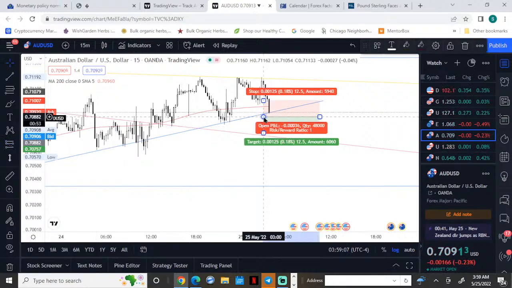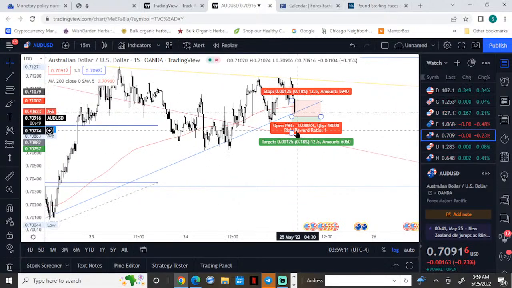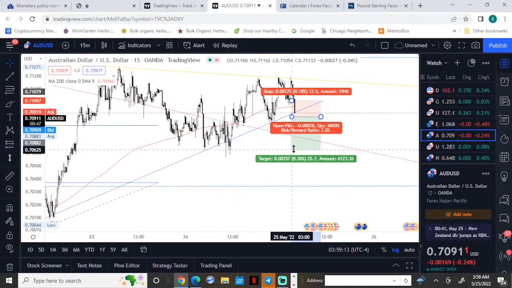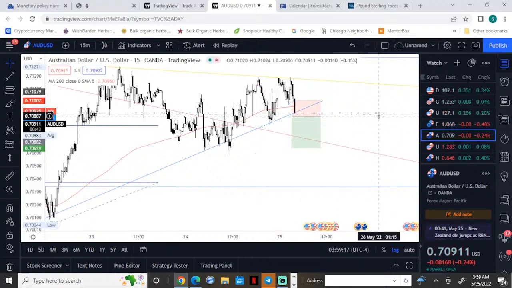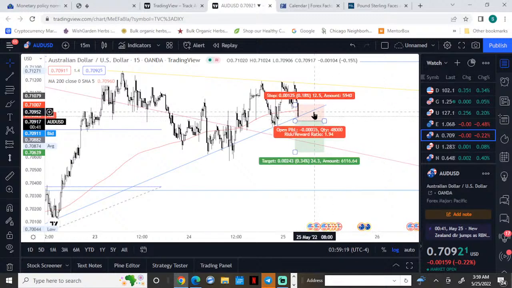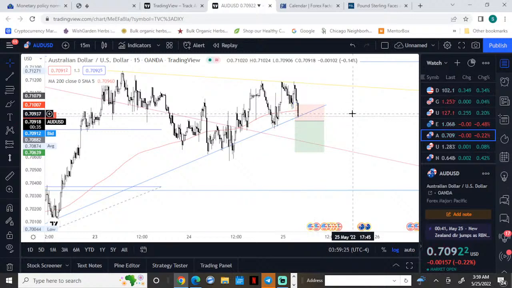So like I said, I would wait for that retest and take it here for a nice little scalp. Make that, let's go 1 to 2, nice little 1 to 2.